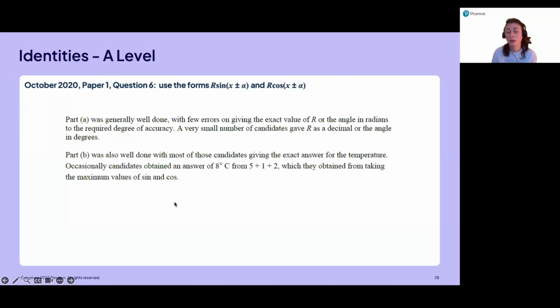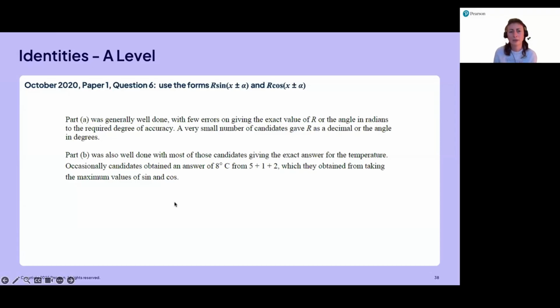Briefly, I wanted to mention the examiner's report. If you look at part B, occasionally candidates obtained an answer of 8 from 5 plus 1 plus 2, which they obtained from taking the maximum values of sine and cos. So that is problematic. There they haven't used the R method, and what they have not understood is that the graph is not just going to be the result of the maximums added together.